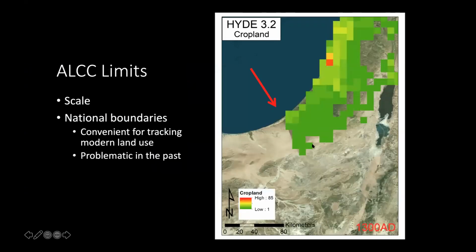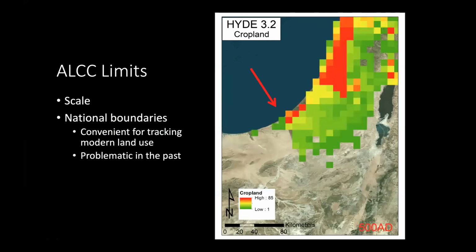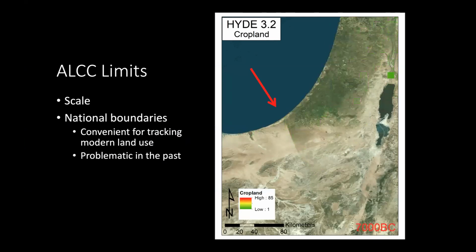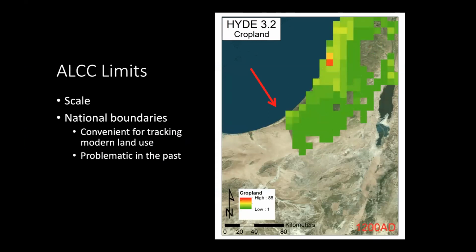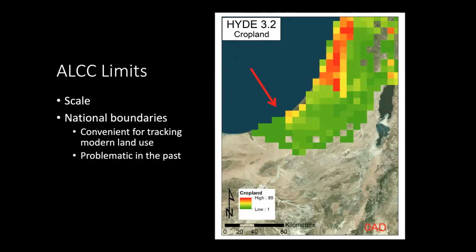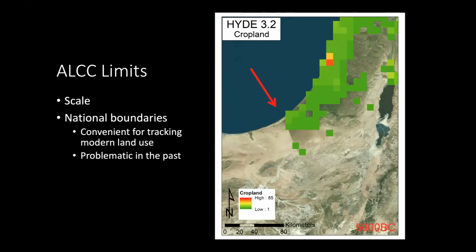I also like to point out the limitations of the scale of anthropogenic land cover change models. They are based on national boundaries, which is useful and convenient for tracking modern land use and tying population data across global boundaries, but becomes problematic when this is modeled backwards into the past, because those boundaries continue to appear in the past.